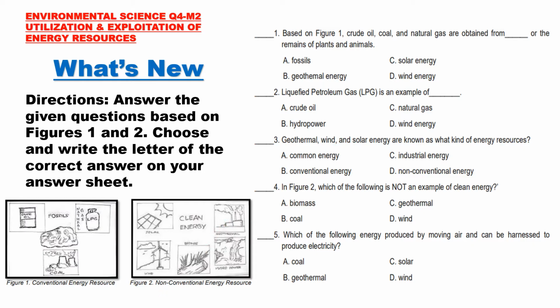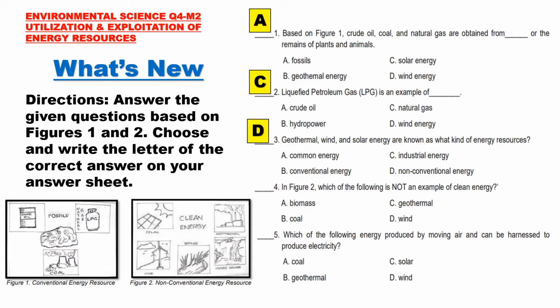Number 1, based on figure 1, crude oil, coal, and natural gas are obtained from blank or the remains of plants and animals. So the answer is letter A, fossils. 2. Liquefied petroleum gas or LPG is an example of C, natural gas. 3. Geothermal, wind, and solar energy are known as what kind of energy resources?